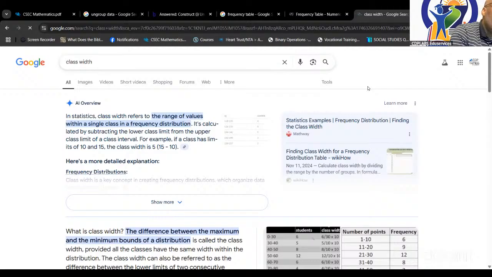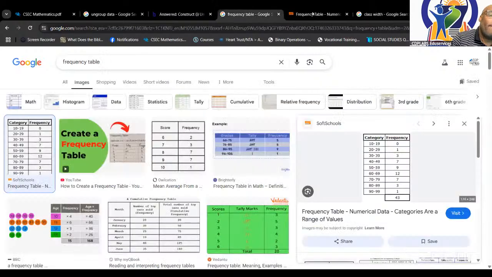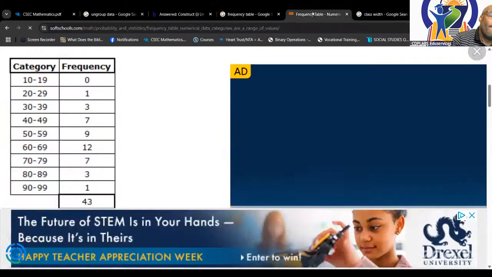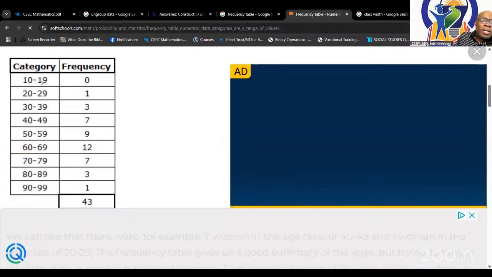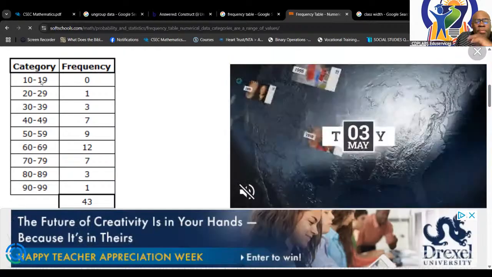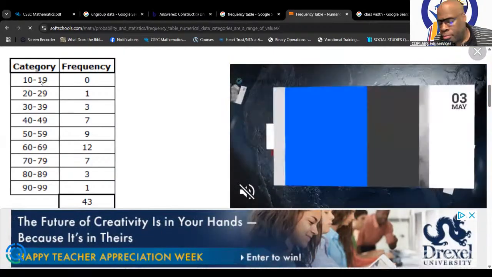It is calculated by subtracting the lower class limit, as mentioned, from the upper class limit. And that's how you get the class width. All right? So the class width, for example, in this case, is 9. So you subtract the lower class limit from the upper class limit. All right? Good.